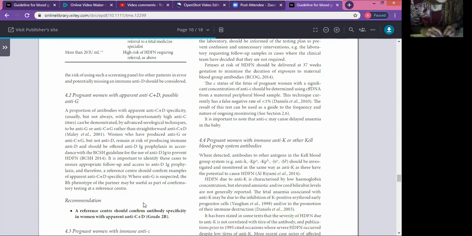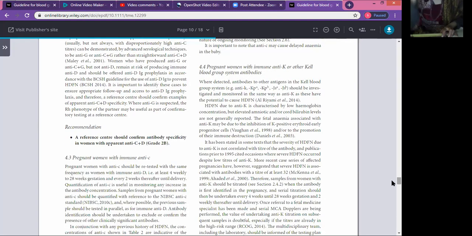If such an antibody is present, it is important to identify these cases and to ensure routine follow-up and access to anti-D prophylaxis. So even these cases which are anti-D plus big C positive should be identified as to whether they do have an anti-G and anti-C plus G as well. Advanced serological techniques need to be taken into account, and they should be offered prophylaxis as well.